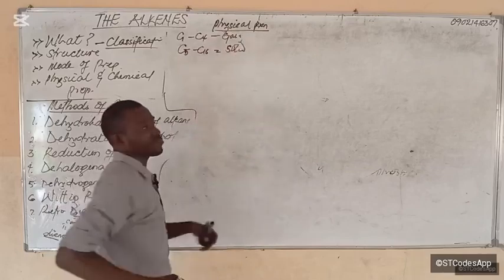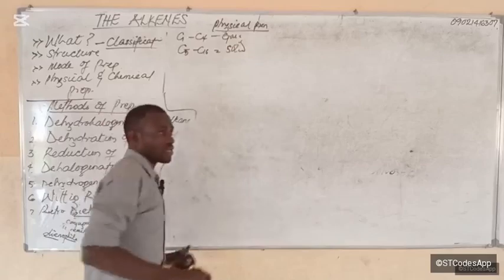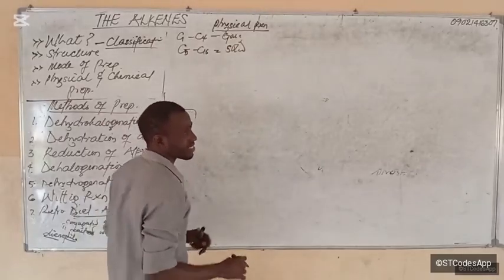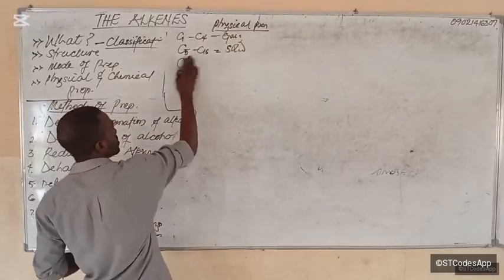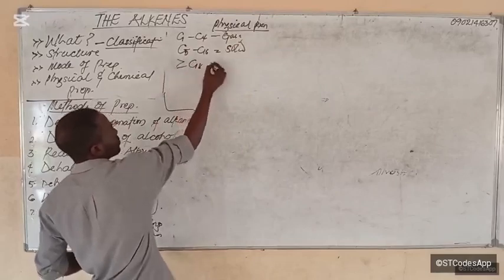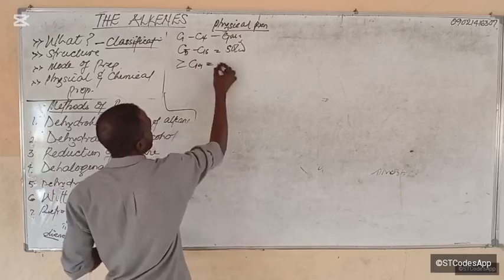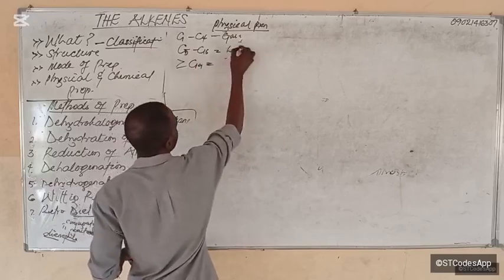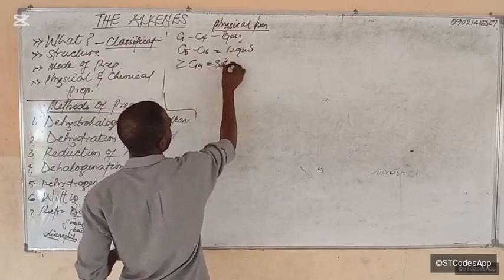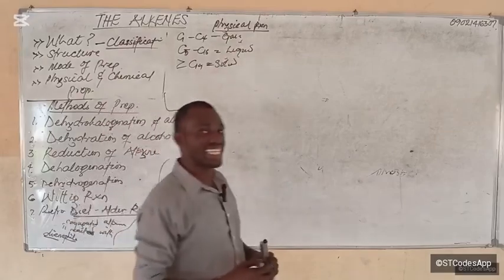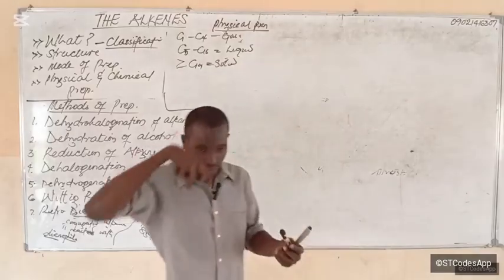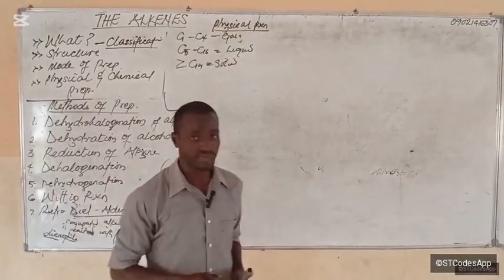Just the same way as we had it with that trend in alkanes. So then above C19, what do we have? We have solids. Do you understand? So that means that their density increases as you go down the homologous series.